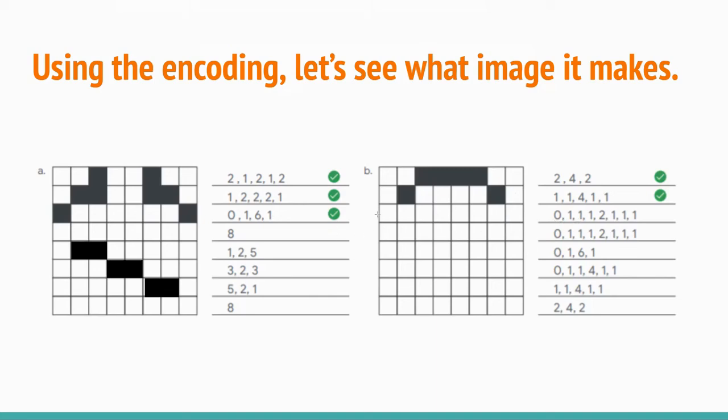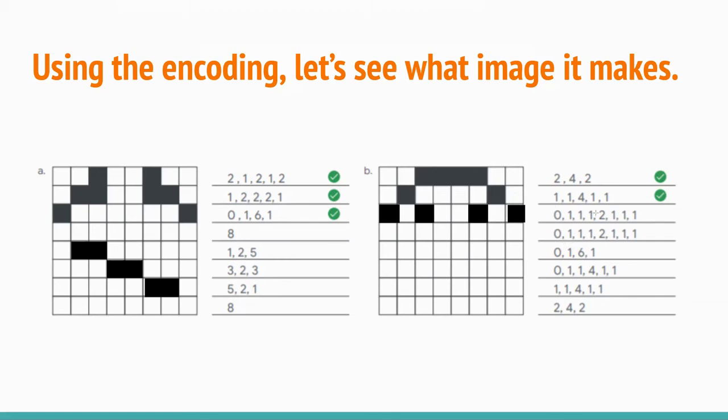Now let's do our next row. We have 0 white squares, then we have 1 black square, then 1 white square, then 1 black square, then 2 white squares, then 1 black square, then 1 white square, and finally 1 black square at the end here. Okay, let's do another row.